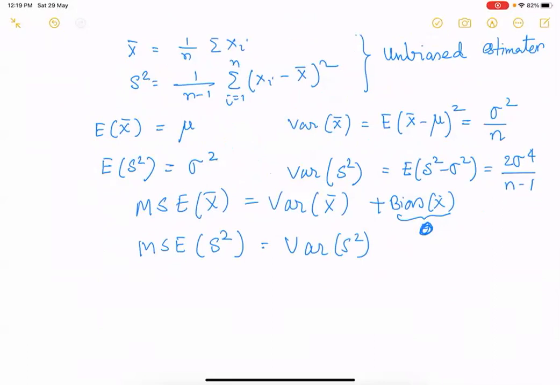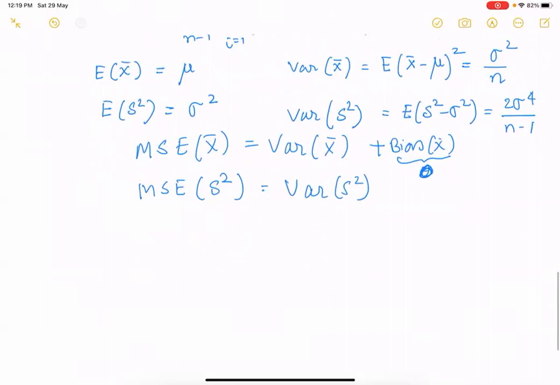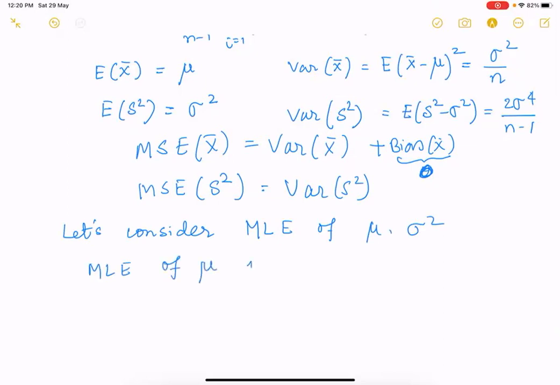Now, what I will suggest, let's consider the maximum likelihood estimate of mu and sigma square. Now, MLE of mu is X bar. So our problem is solved, but MLE of sigma square is different.